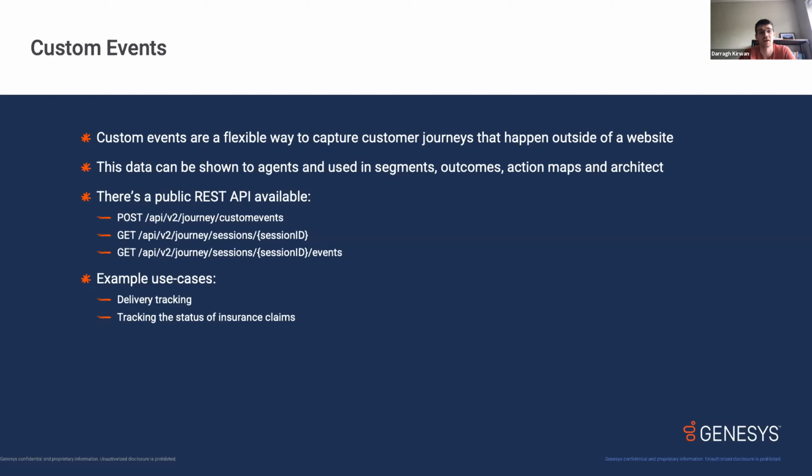We can also create segments using that data. So if somebody comes onto your website and their delivery is delayed, you can put them into a segment and proactively engage with that customer.